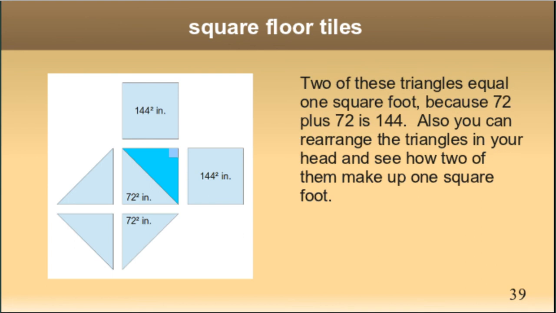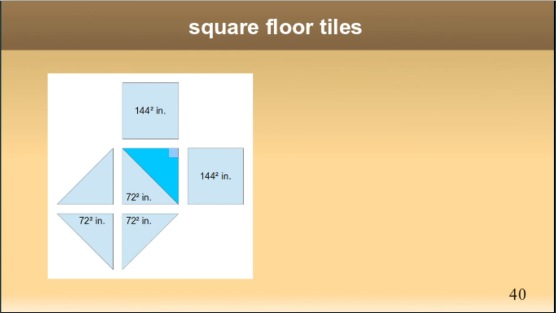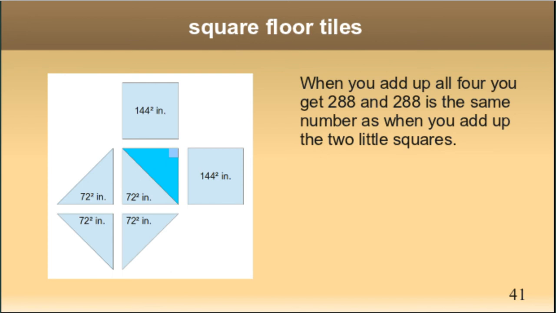Two of these triangles equal 1 square foot because 72 plus 72 is 144. Also, you can rearrange the triangles in your head and see how two of them make up 1 square foot. When you add up all four, you get 288, and 288 is the same number as when you add up the two little squares.